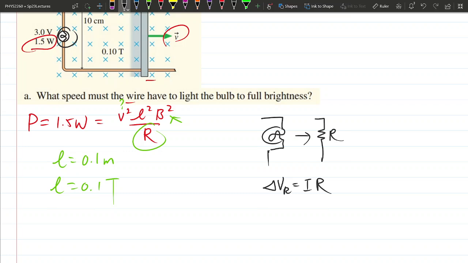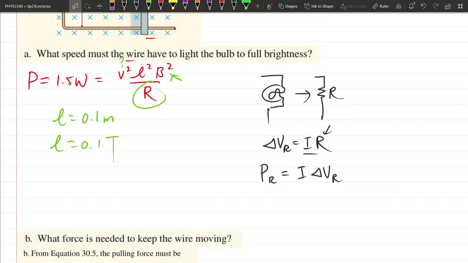How does that help us get to R? So we still don't know what R is. But we can change this little equation here so that instead of putting in the current, we use power. Power on the resistor is also the current times the voltage across that resistor, from a couple of chapters ago.